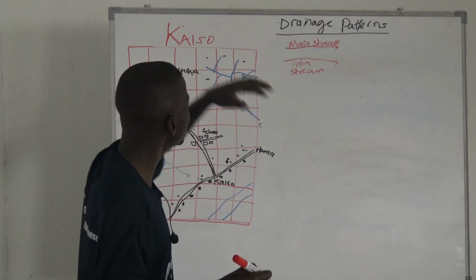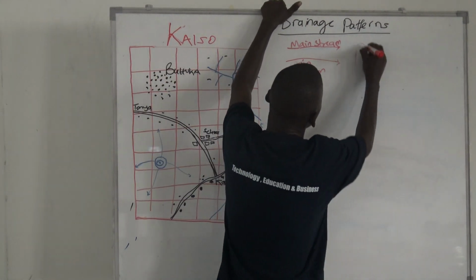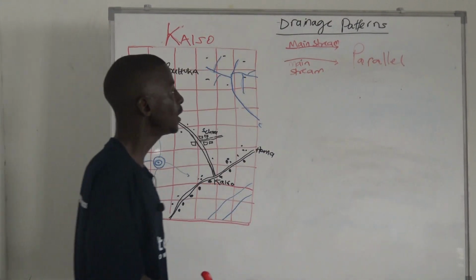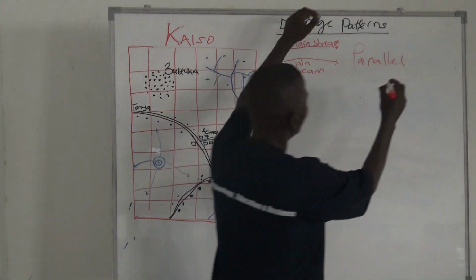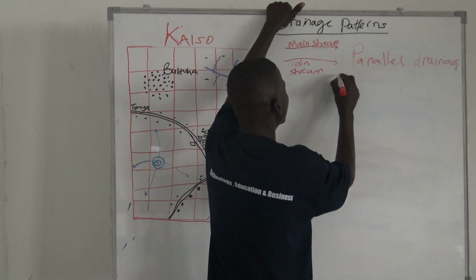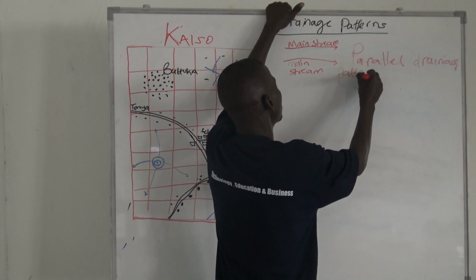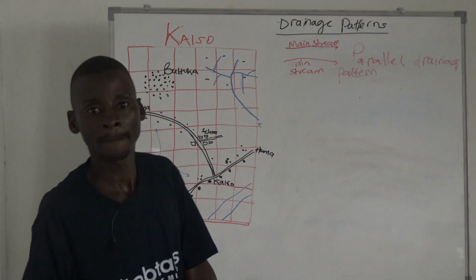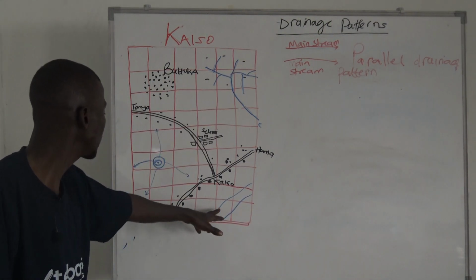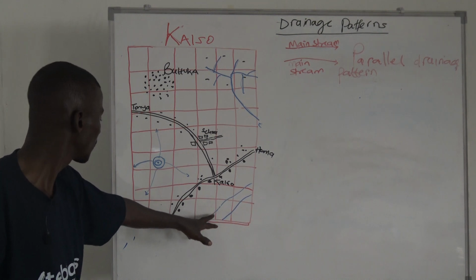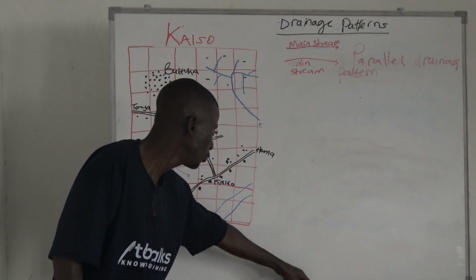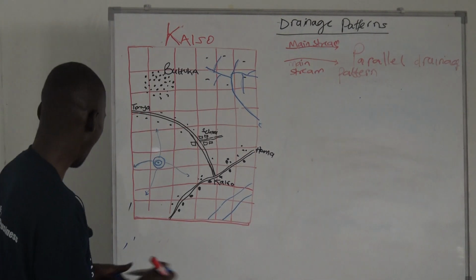They flow for a long distance without meeting. This is called parallel drainage pattern. Rivers will flow in the same direction as you are seeing these ones, but not meeting one another.